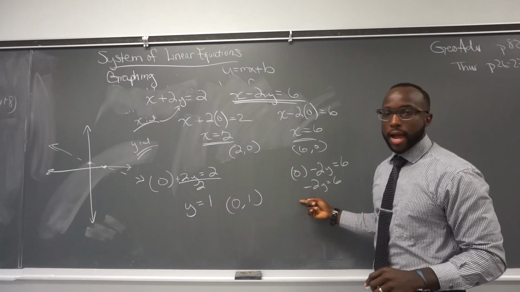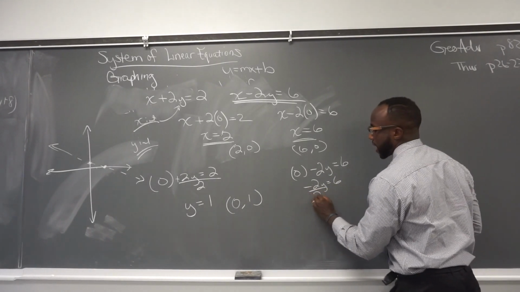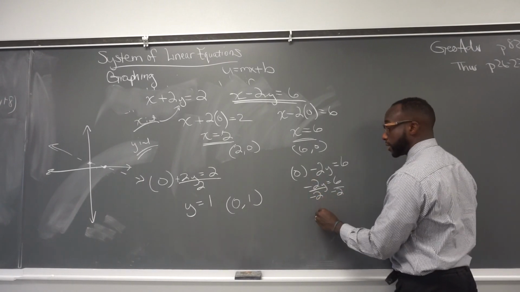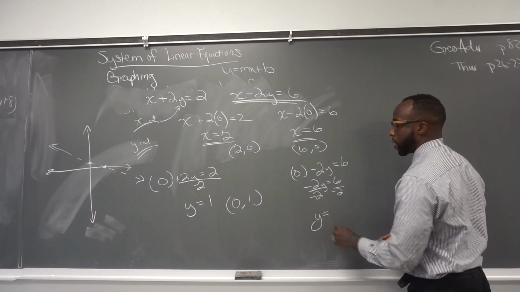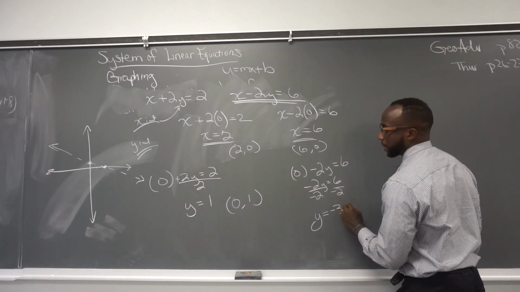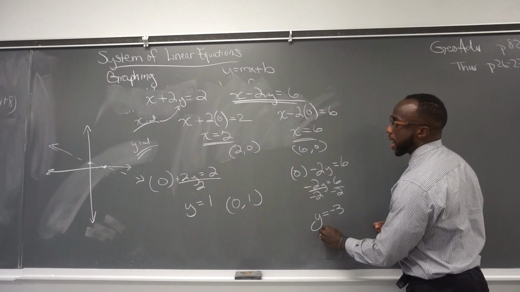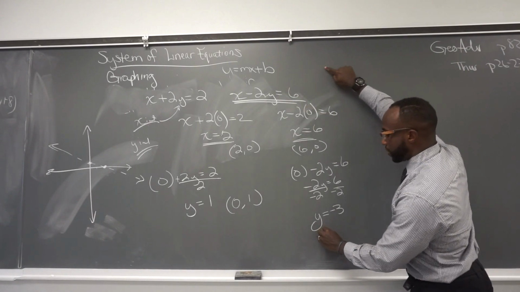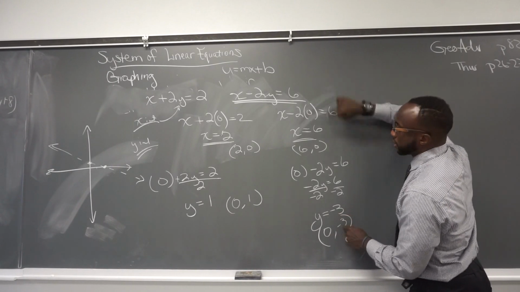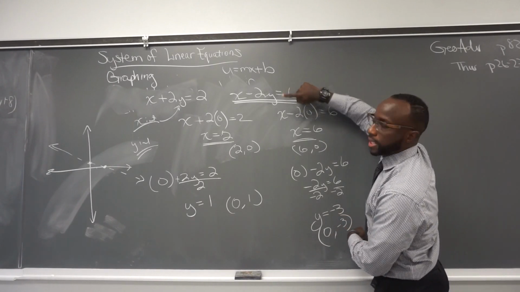Then we just follow our algebra by dividing both sides by negative 2. Negative 2 divided by negative 2 is 1, so we bring that y down. And 6 divided by negative 2 is negative 3. Okay? So now our y-intercept for this line would be 0, negative 3. So now we have our 2 points for this line to graph.